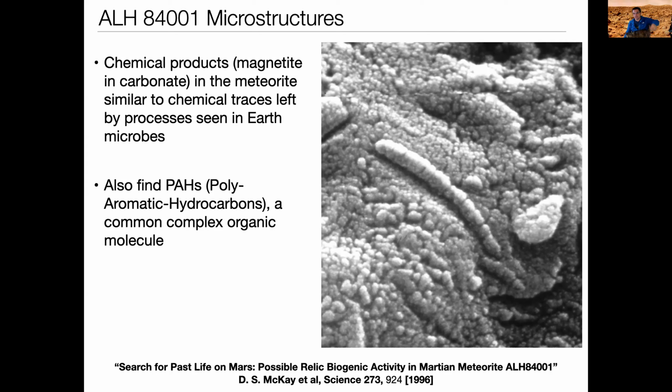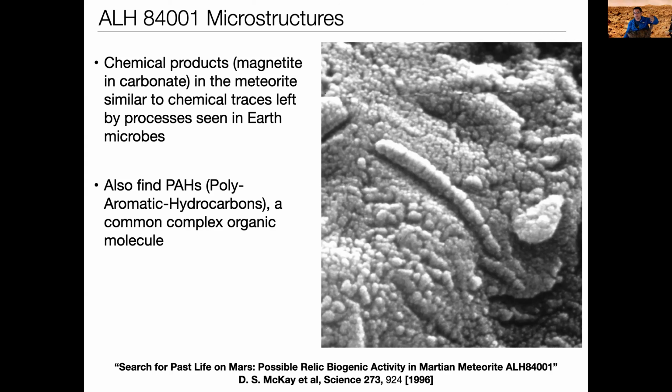Not the least of which is when you look in the area around these structures, you see the chemical products that on Earth would absolutely 100% be taken to be biosignatures. So in particular, when you have your normal life processes, you produce byproducts, either from building your body or as waste products.